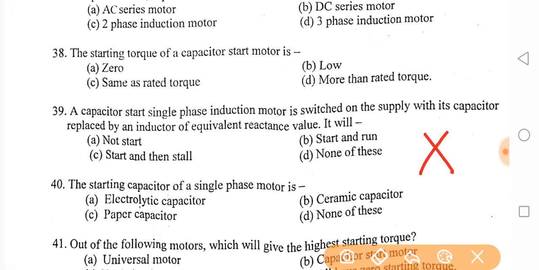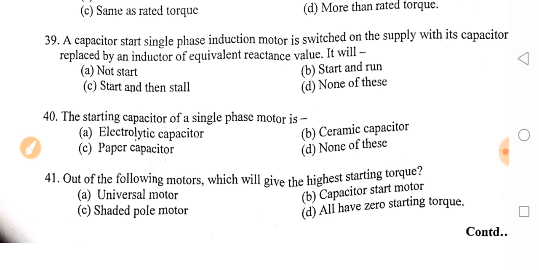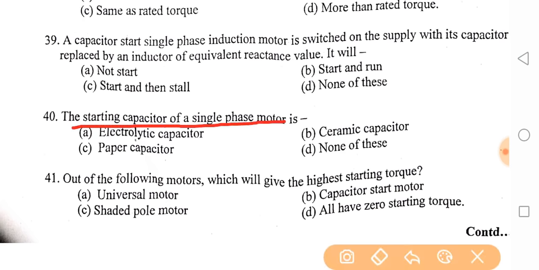What will happen? Not start, start and run, start and then stall, or none of these. The right answer is not start. If we replace a capacitor by an inductor of equivalent reactance, the motor will not start because no starting torque will be produced.